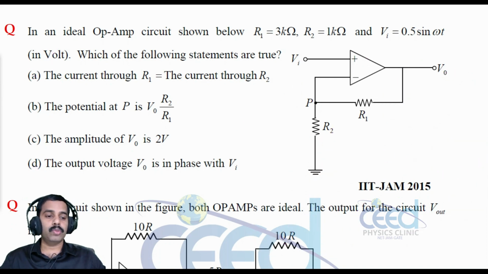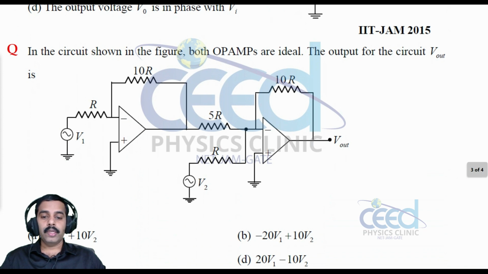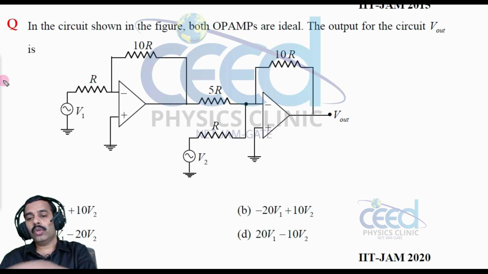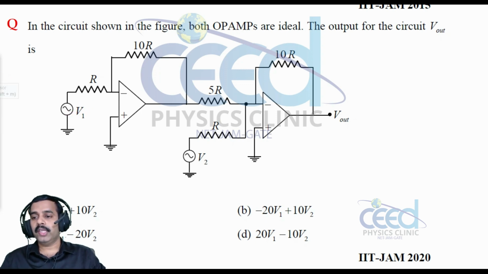Now let us come to another question. Here the question is, in the circuit shown in the figure, both op amps are ideal. The output for the circuit, Vout, is? So let us solve for the final output.